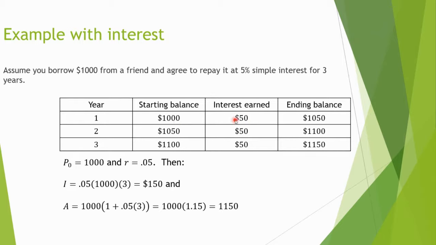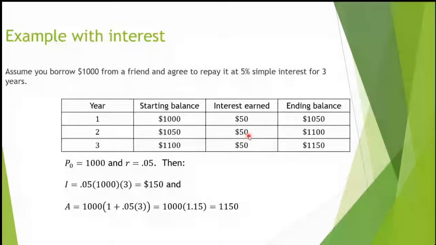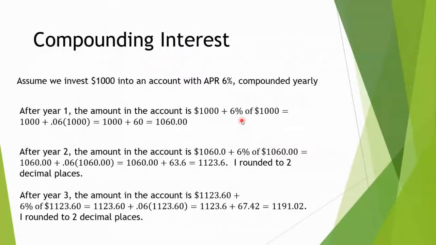In other words, here for this example, the $50 we calculated in the beginning was 5% of the balance. But I could do 5% of this amount, and then the interest in this year will be different. And that's what I'm going to do in this example.